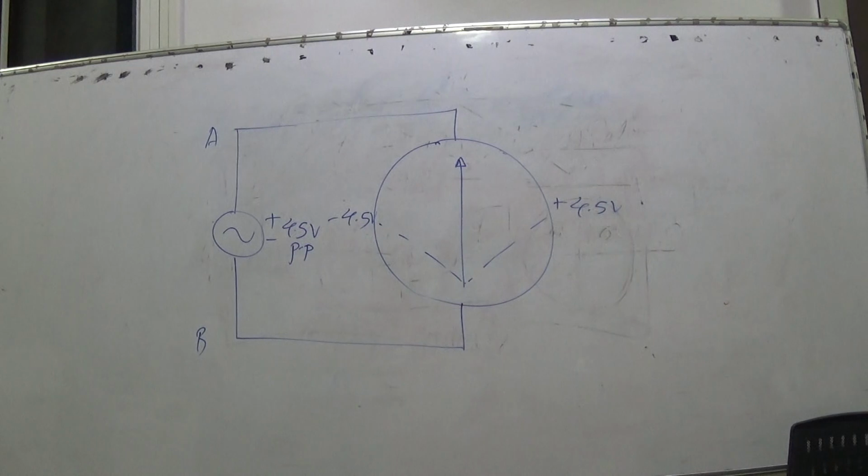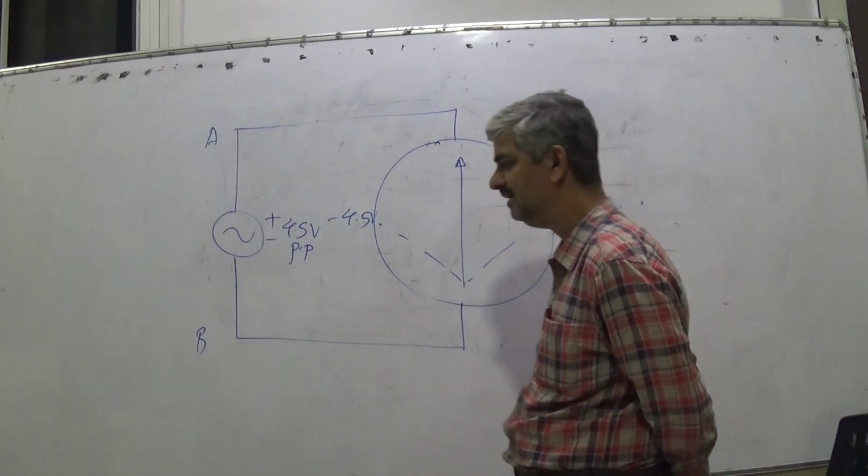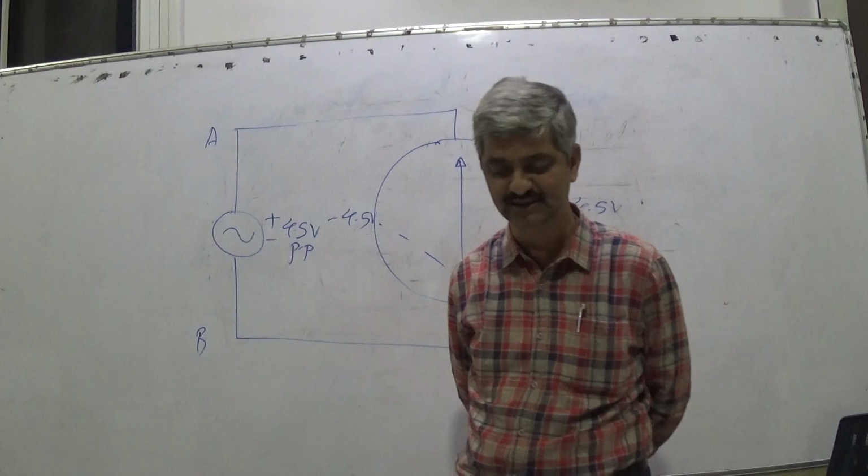In how much time it completes one cycle from 0 to 0 covering both things, or from one peak back to that peak, that is its period, and 1 upon the period is frequency.